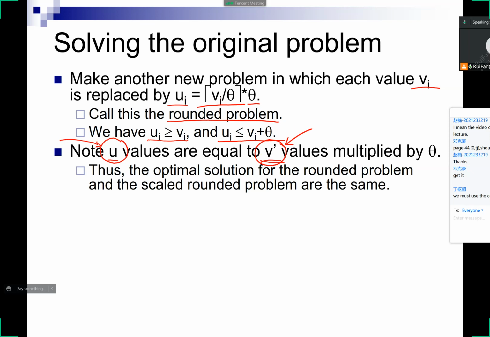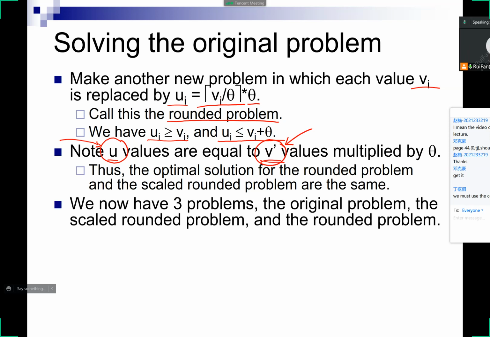However, I claim that the optimal solution for both instances is exactly the same, because everything just got scaled up by exactly the same amount. Whatever is optimal for v prime is also optimal for u, and vice versa. So these two problems have exactly the same optimum.